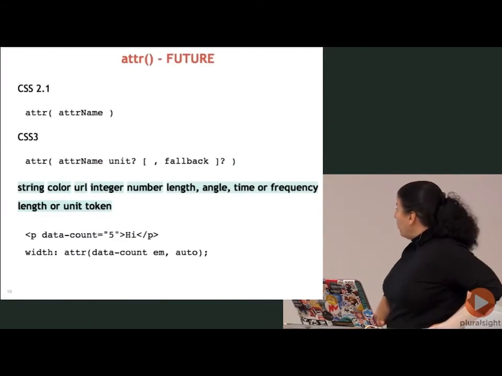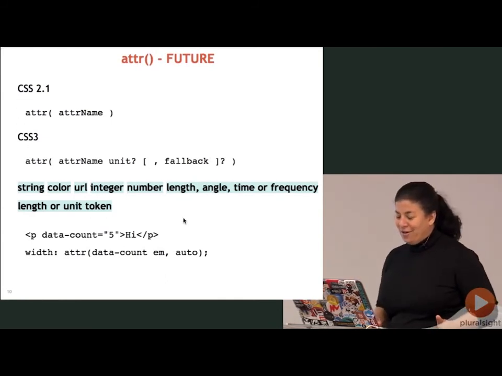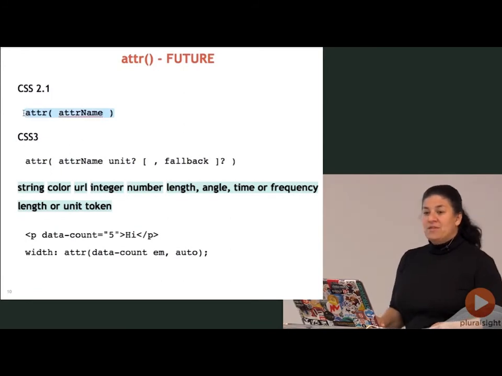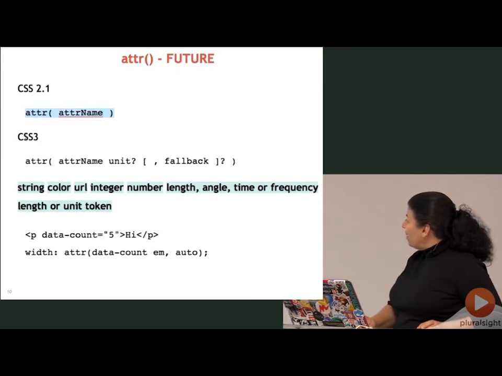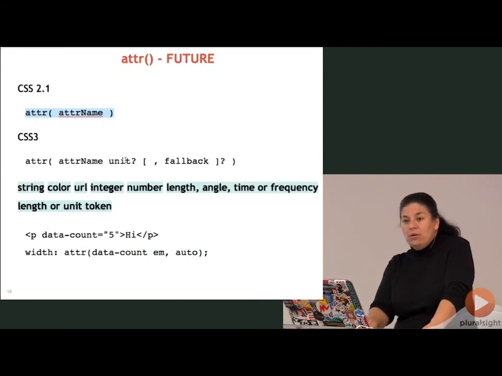Then, attribute. Oh, look, I actually did include it. So this is the old school. You could just include the attribute name, and this is supported everywhere since IE8. In CSS3, we've added this, and it's not fully supported yet, but you can put an attribute name, and then a unit, and a fallback.